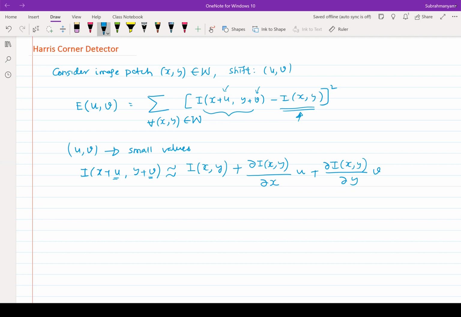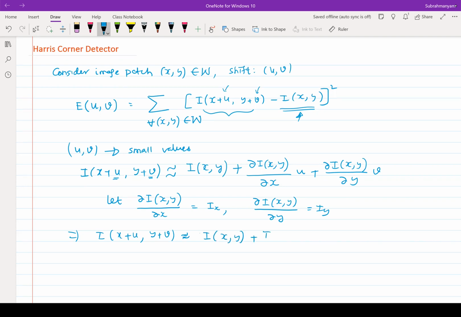For notational convenience, let me write from now on dou I of x comma y by dou x simply as I subscript x. Similarly, dou I of x comma y by dou y as I subscript y. That implies I of x plus u comma y plus v is roughly equivalent to I of x comma y plus I subscript x into u plus I subscript y into v.